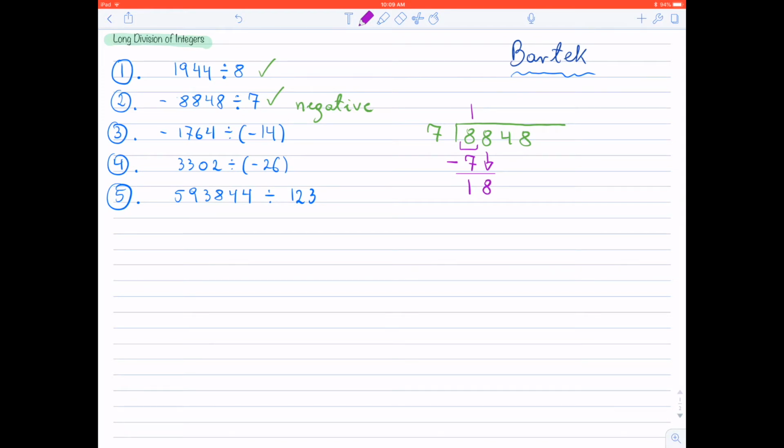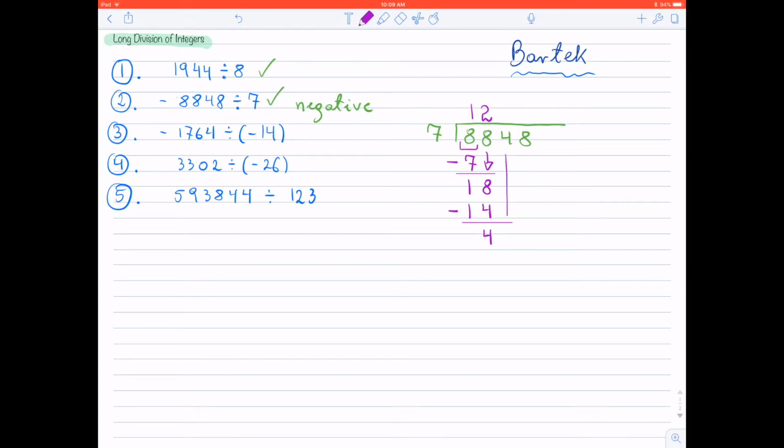And I ask again, how many times does 7 go into 18? The maximum amount of times is 2. And 2 times 7 is 14. Okay, now we can subtract, and the subtraction gives us a remainder of 4.